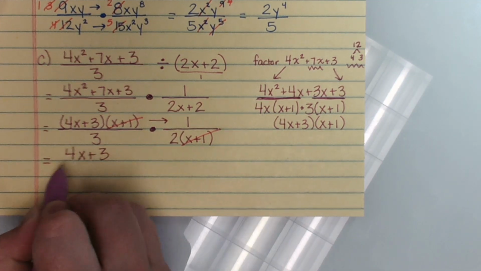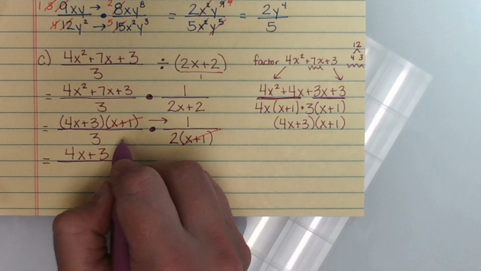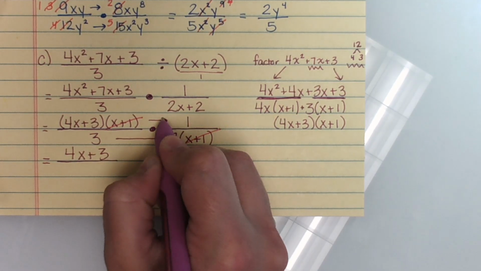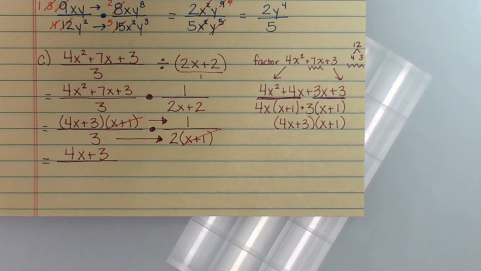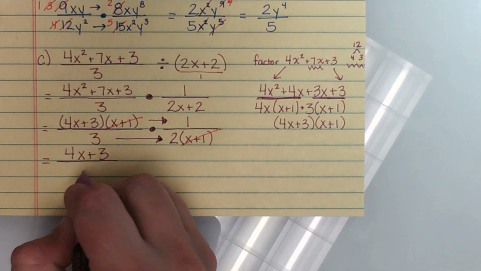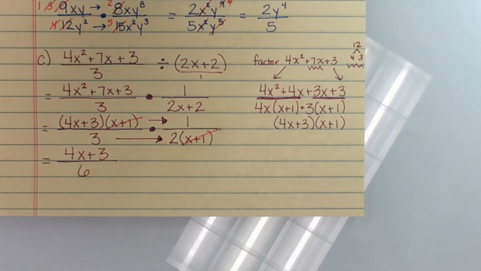Top is 4x plus 3. That's really the only thing up there. The bottom, 6. Do multiply the monomials, the plain numbers, the plain x's, the plain y's that don't have the pluses or minuses. Those do actually multiply. You just don't want to distribute into parentheses at all. Over 6.